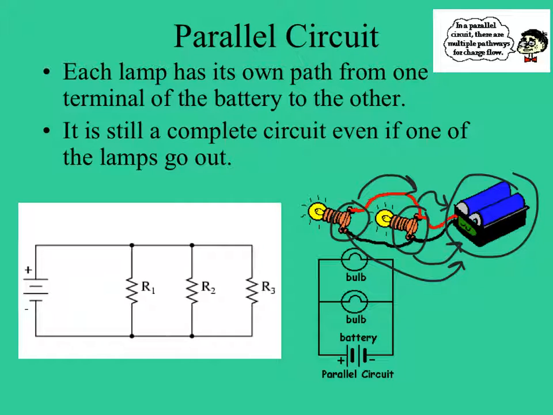So if this bulb was unscrewed and electricity no longer flowed through this little branch of the circuit, this light bulb would still shine bright because it would still have that connection to the positive and negative end of the battery.